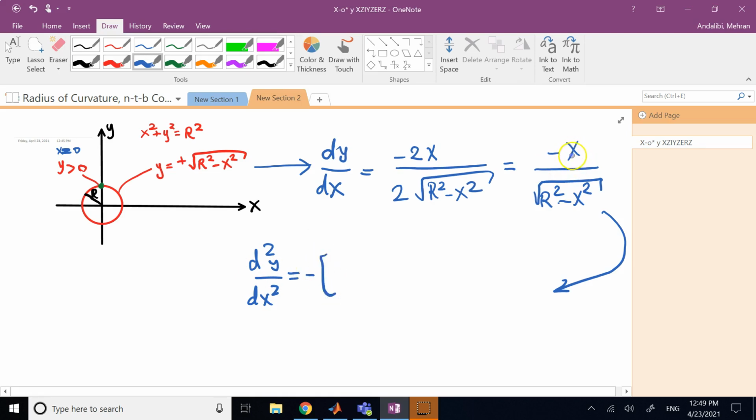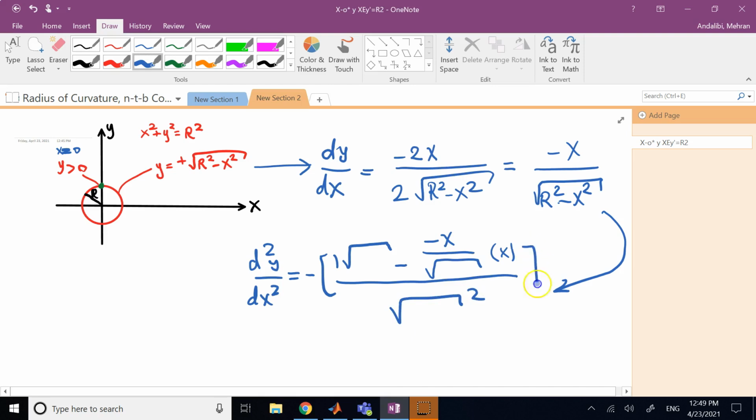It's going to be the derivative of numerator, which is 1, times the denominator, minus the derivative of denominator, which is the same as this guy here, times numerator, which is x. And this is divided by that square root to power 2. Correct? So these are all r squared minus x squared.